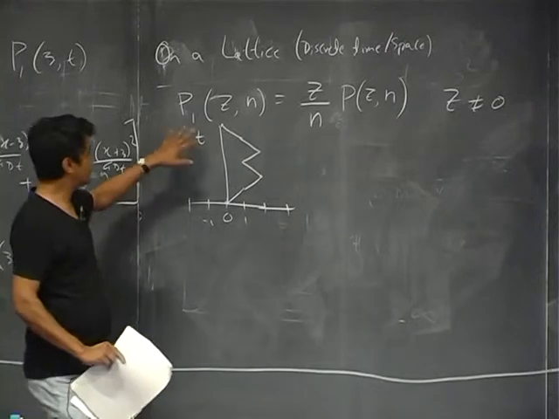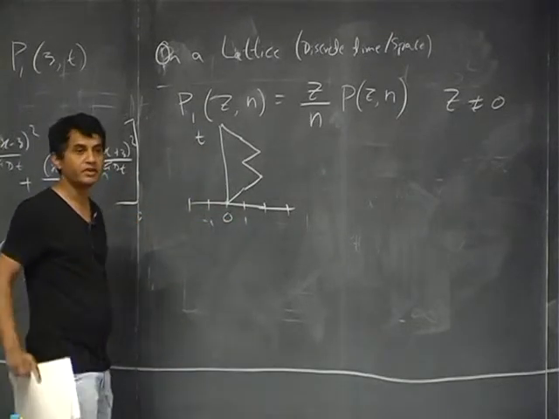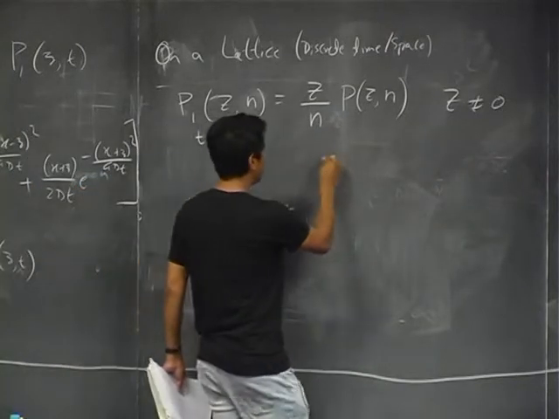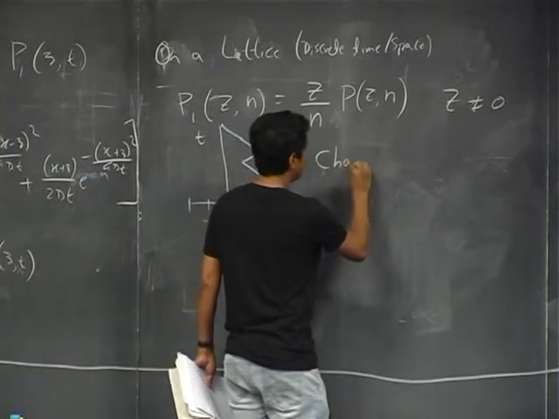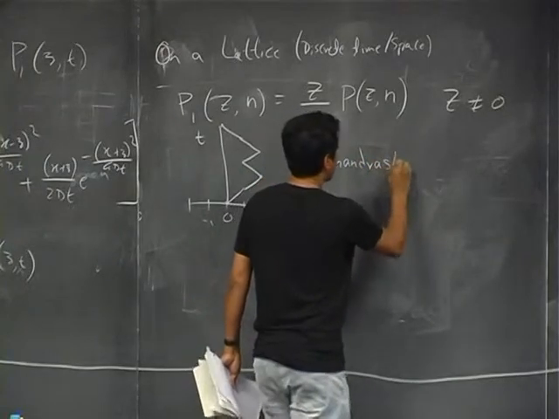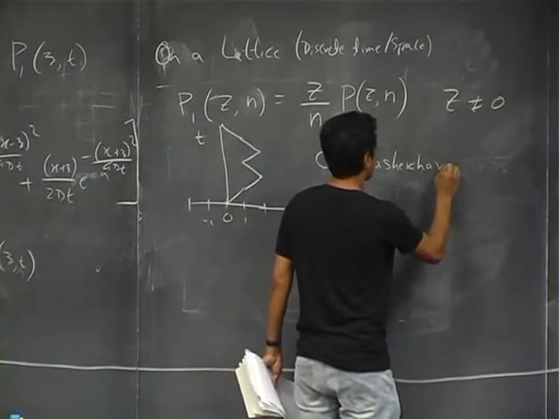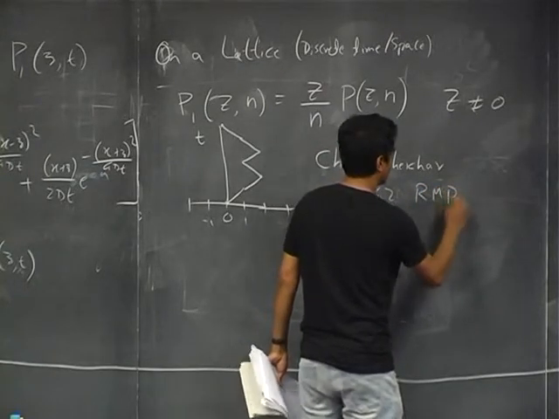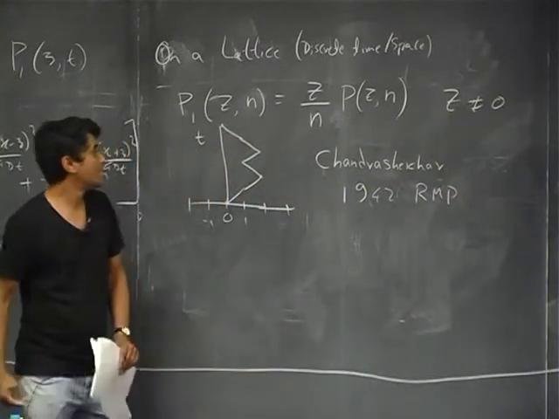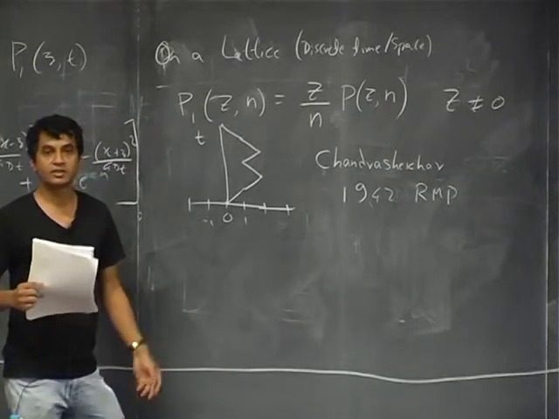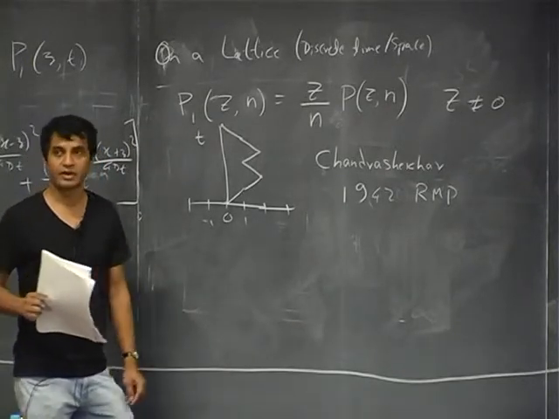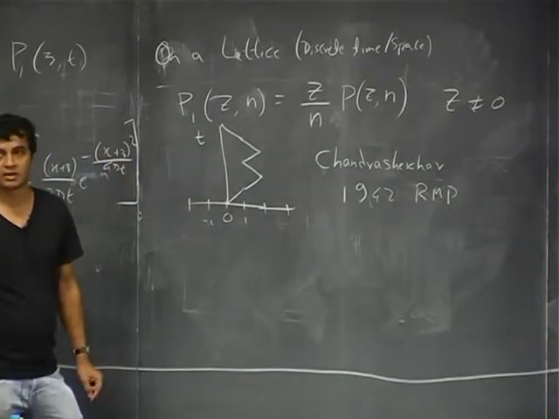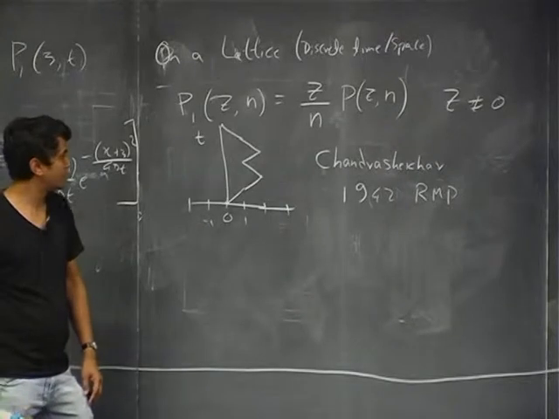So for this problem on the lattice, there's also a nice combinatorial way to solve it, which you can read in this review article by Chandrasekhar. It's a very famous review article, Reviews of Modern Physics, 1943, called Stochastic Processes in Physics, Chemistry, and Astronomy. It's a really great place to read about random walks, Brownian motion, and things like that.